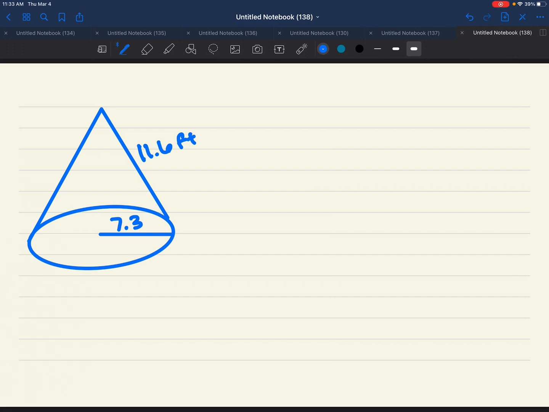Okay, now, do we remember the formula I gave you for this? Pi r l plus, can anyone tell me which part of that formula represents area of a circle? Pi r squared. Okay, all right, what would I plug in for my radius here?